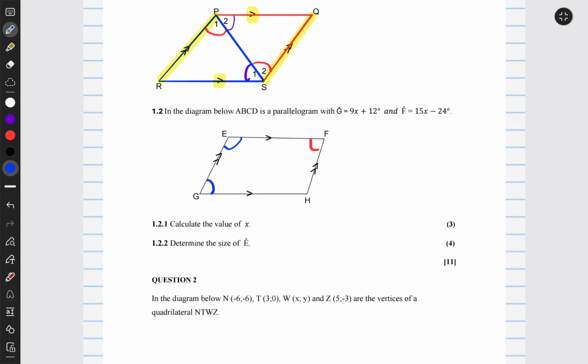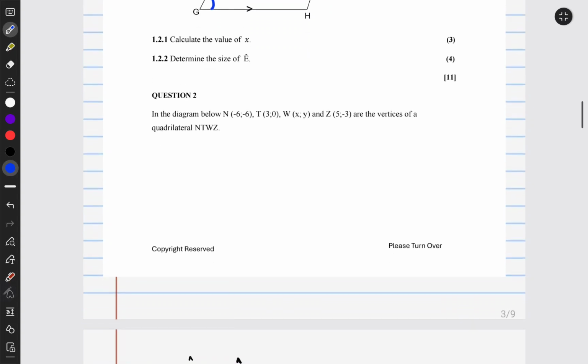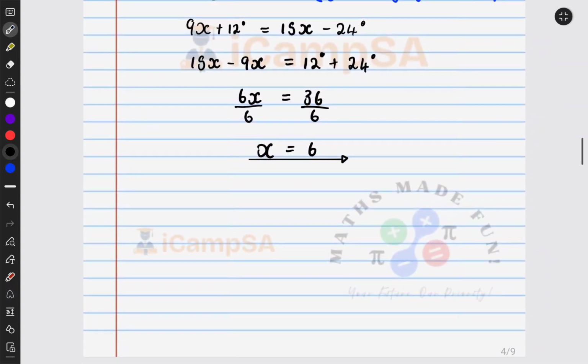Let's just use angle E and angle G in order to calculate the size of angle E. Then that will be our 1.2.2.